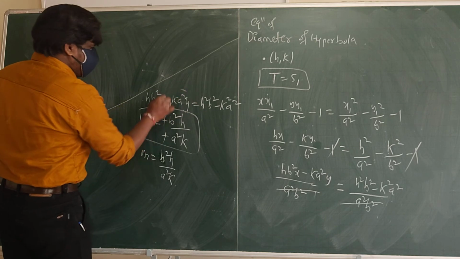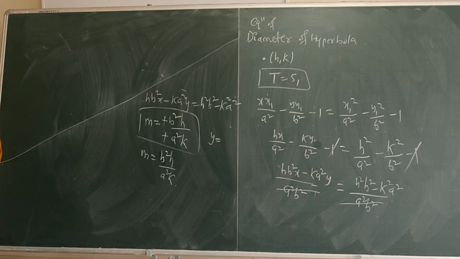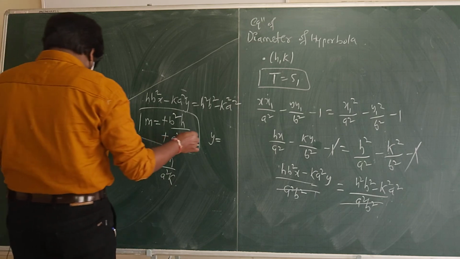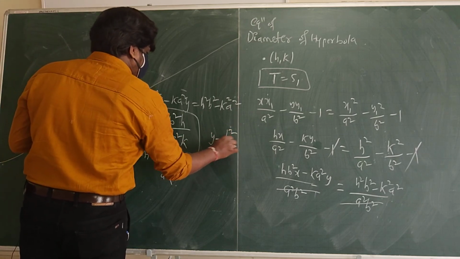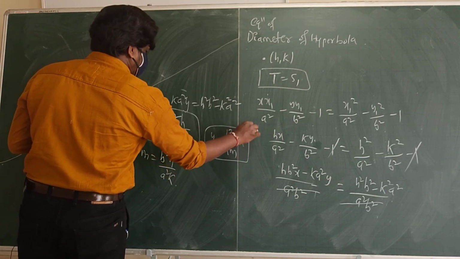If you make y the subject, y is equal to b square h by a square k into x. This is the equation of the diameter.